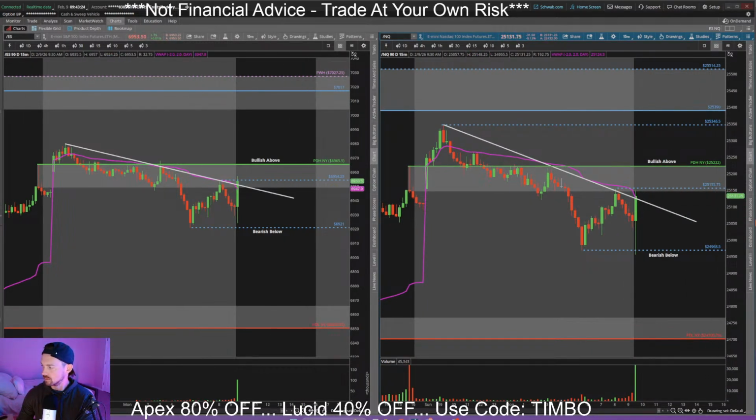Got about 30-ish seconds until this 15-minute closes. But it's looking bullish overall so far.